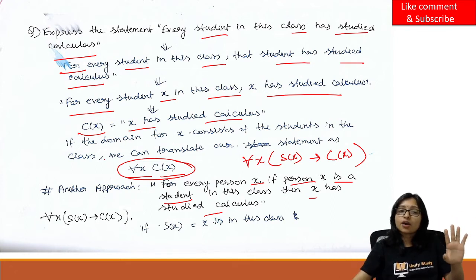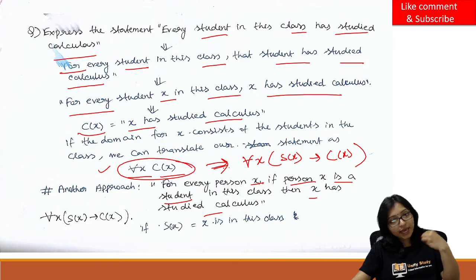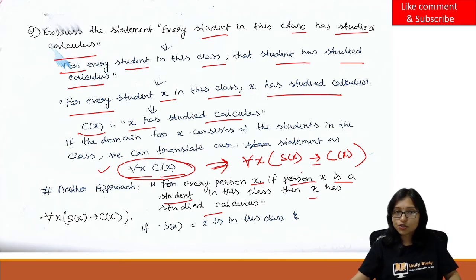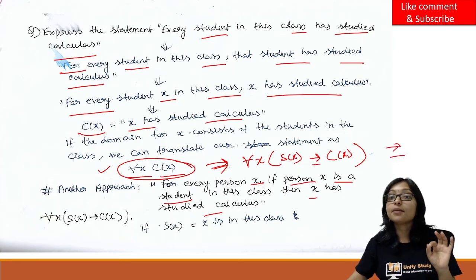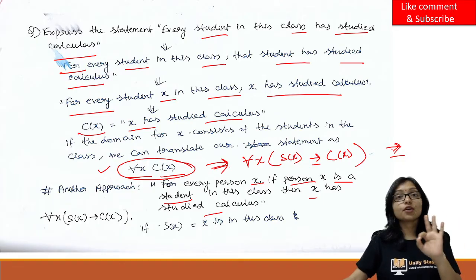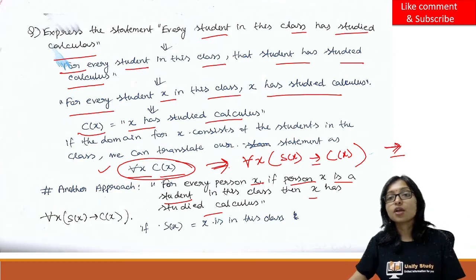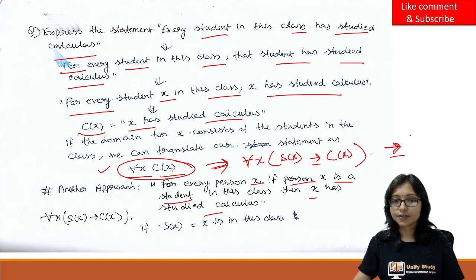Remember, whenever we are using for all, most of the time we represent it in this implication format. Here only is the trick. You can apply this trick everywhere to solve questions. With the for all we can use the implication.